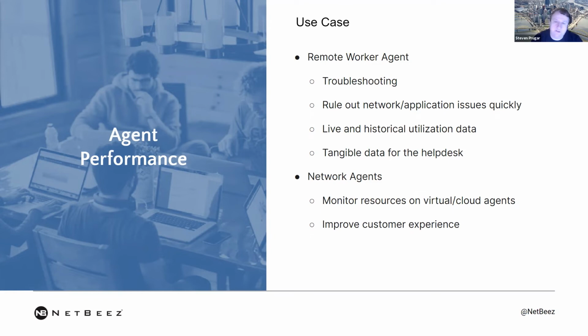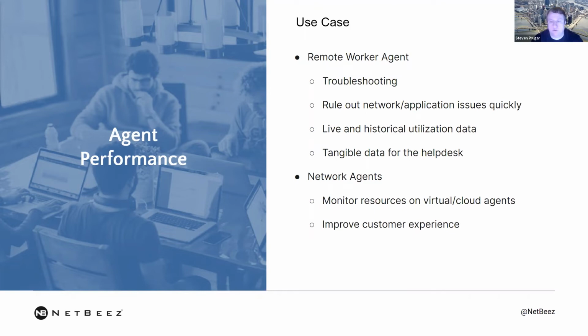There are 2 main use cases. One is remote worker agent troubleshooting, because you'll be able to get CPU, memory, and disk utilization on 5-second intervals, which helps you rule out network and application issues pretty quickly. As you guys see, we give live data, but also historical utilization data, which is really important. And here's something we're really pushing towards.